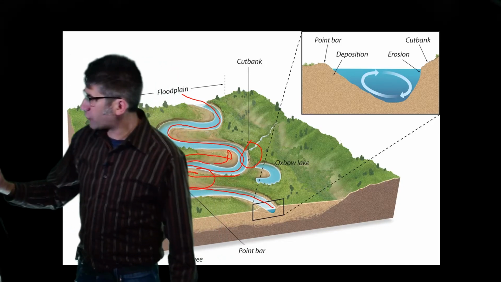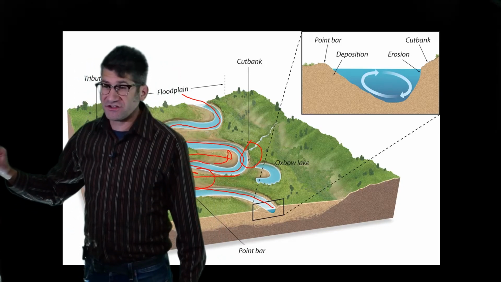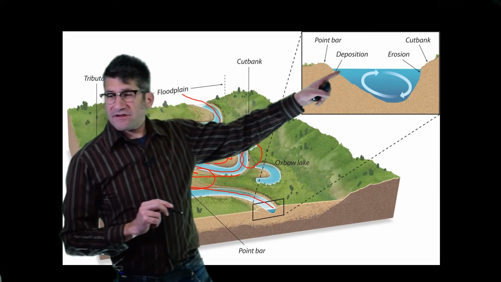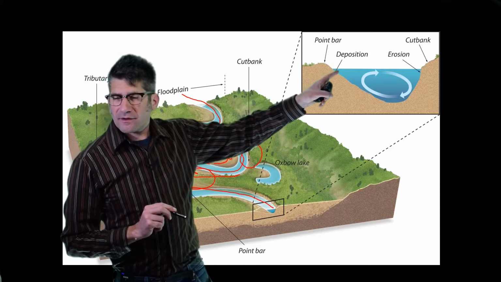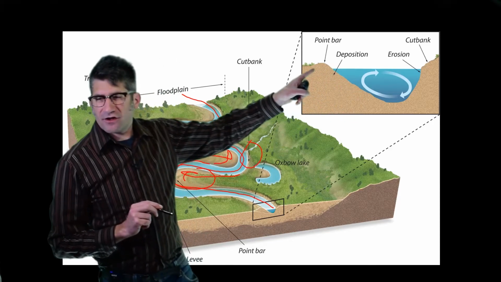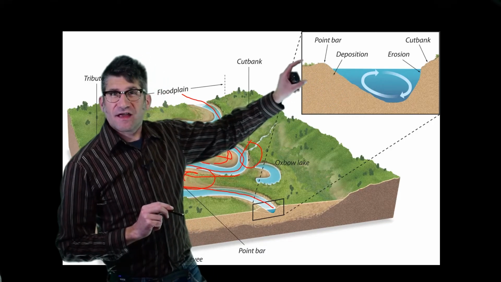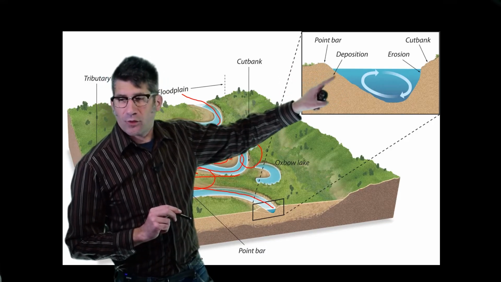If we look at a cross section, so here's a cross section right here. What we see is that we have lower gradient portions of the channel on the point bar side. So we have less deep water, and because of that, we'll preferentially deposit sediment on the point bar.